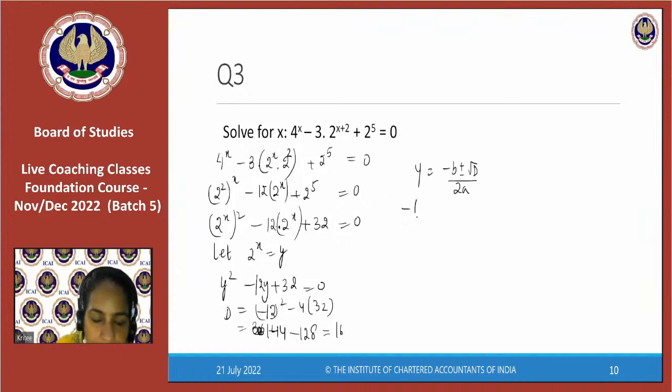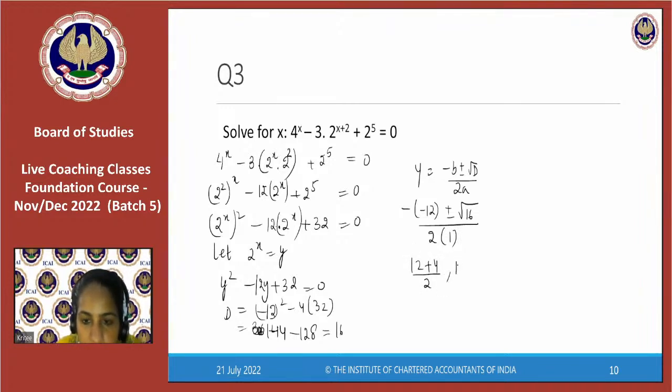It is minus of minus 12 plus or minus square root of 16 by 2 into a, which is 1. So 12 plus 4 by 2, 12 minus 4 by 2 will be your y. So y will be 16 by 2, 8. y will be 8 by 2, 4.